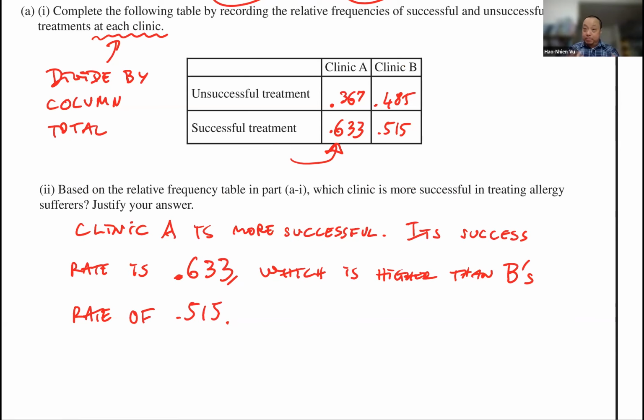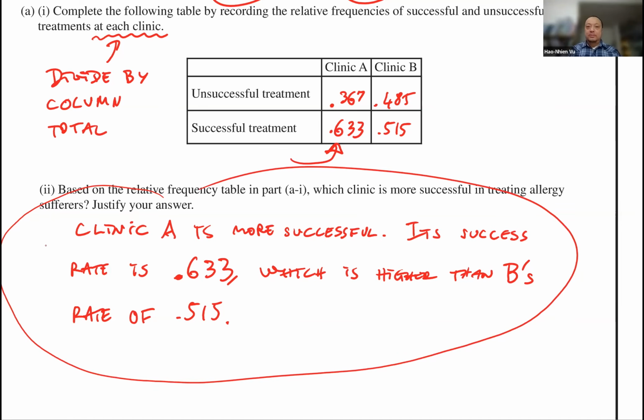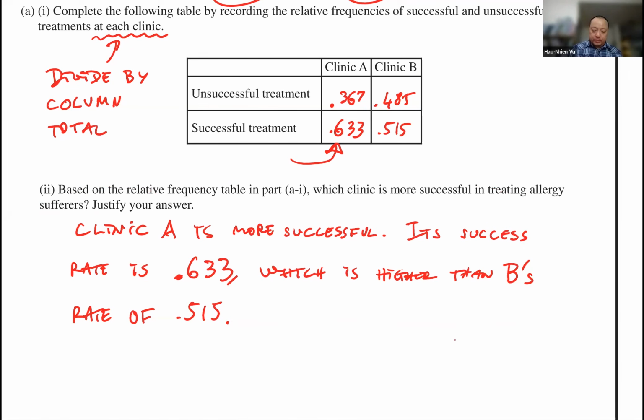But back in part A II, we concluded that Clinic A is more successful in treating allergy. That's a contradiction. Based on these numbers in the overall operation, we conclude that Clinic A is more successful.